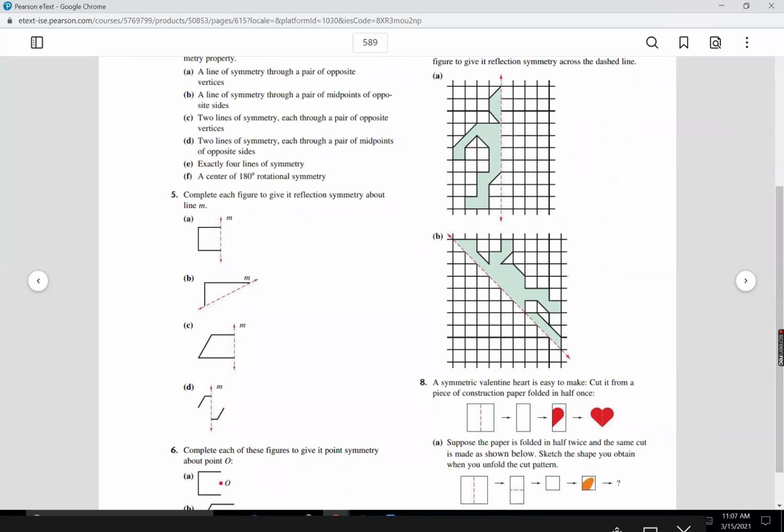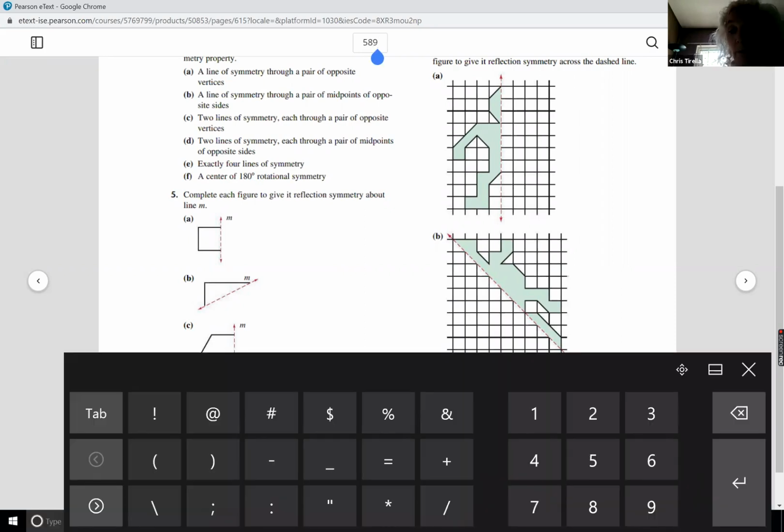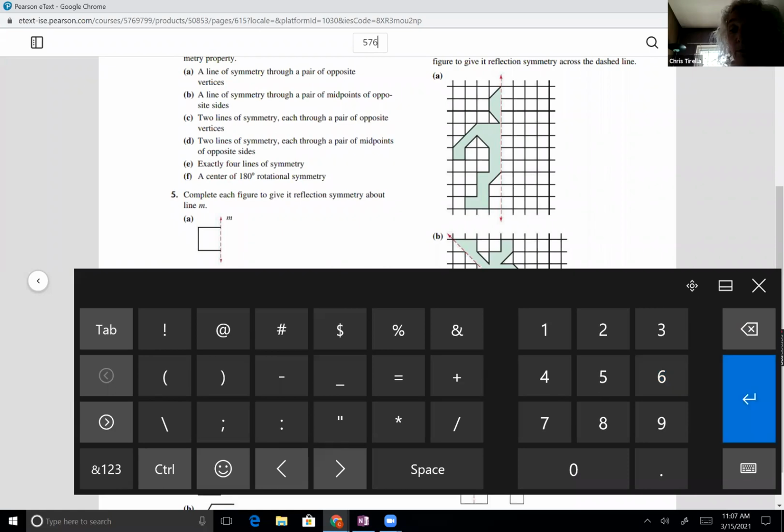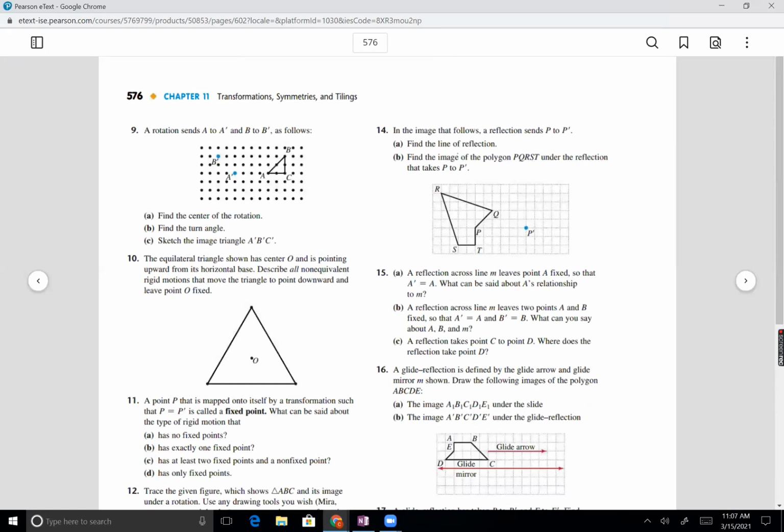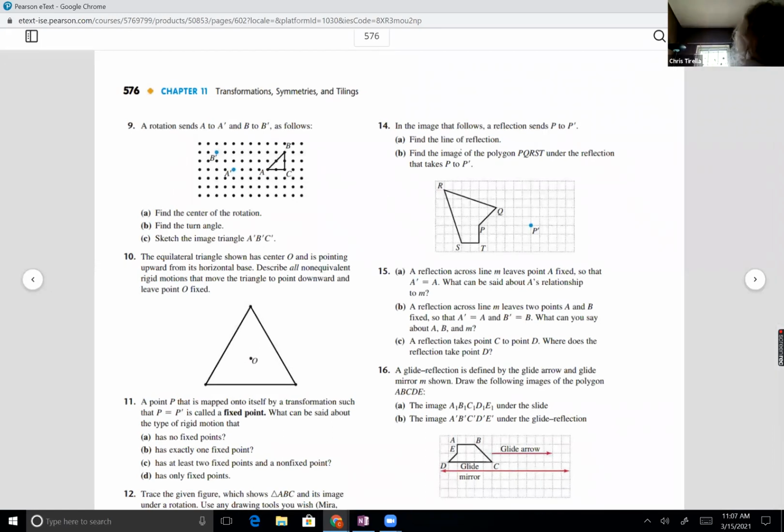Can we go over 10 and 15 on page 576? Sure. You said 10 and 15? 10 says we've got this equilateral triangle.